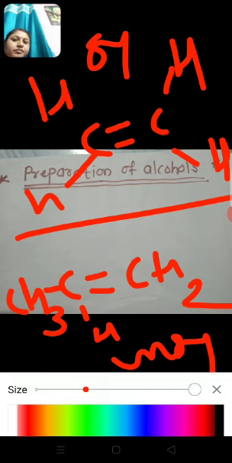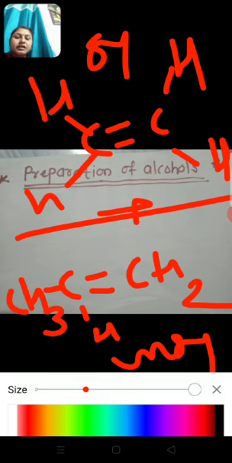When we add water in the presence of acid to an unsymmetrical alkene, the addition of the water molecule takes place according to Markovnikov's rule. We know Markovnikov's rule.